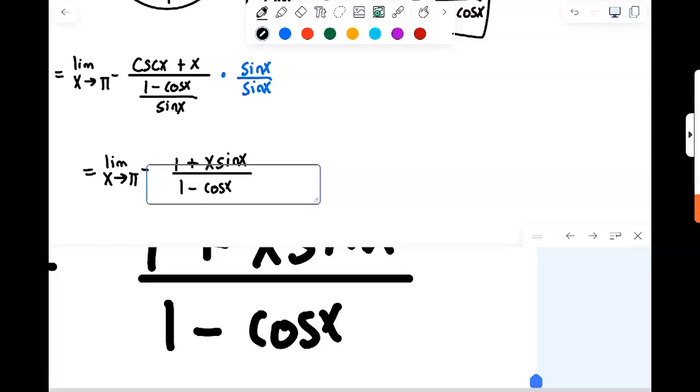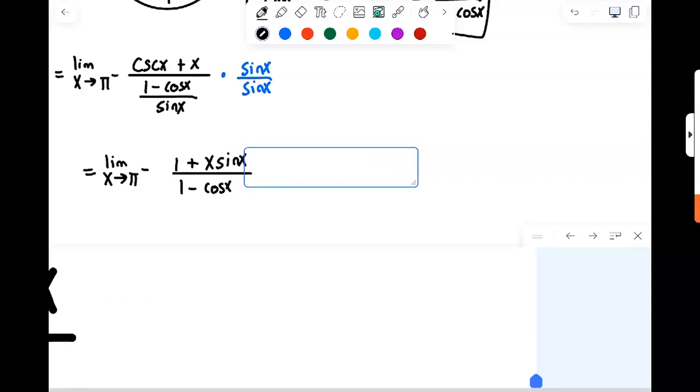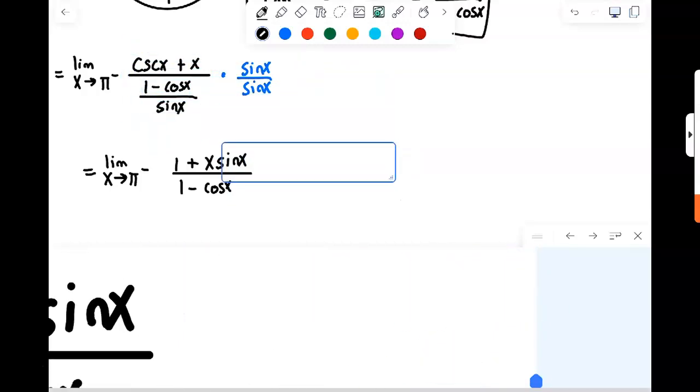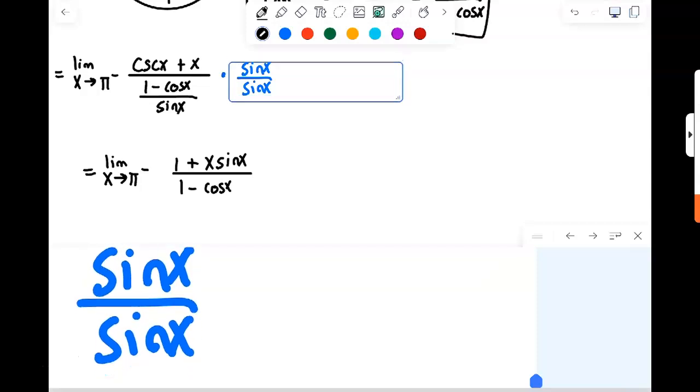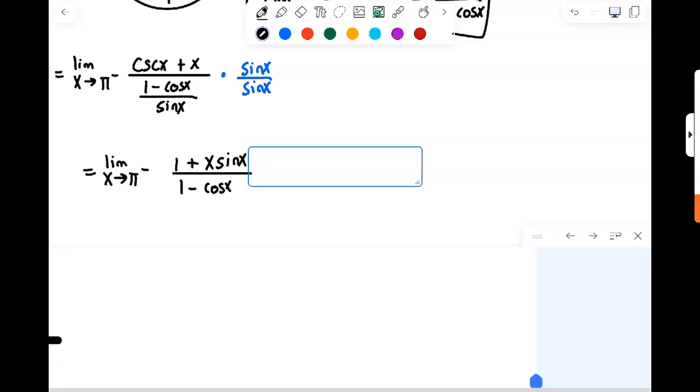Okay, so I've made that change. And now notice that as we approach pi, there's no longer an infinity over infinity issue. We've actually resolved it already with this complex fraction idea, when we multiplied through by sine over sine.